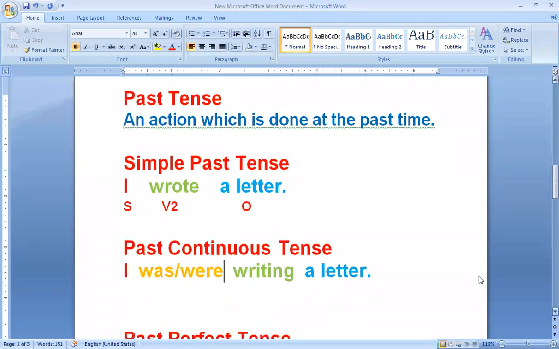Some other examples are, I was writing this book, she was completing her homework, they were playing cricket, they were reading a book, we were playing.